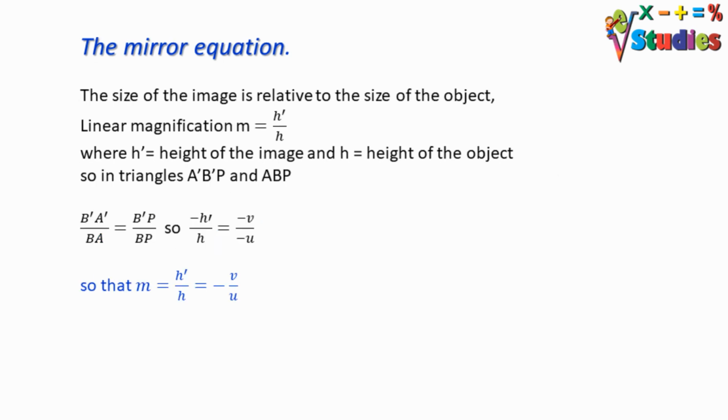So the linear magnification m is equal to h dash upon h is equal to negative v upon u. So students, we have derived the mirror equation and the magnification formula, which we'll use for the sums we will do in the next part.